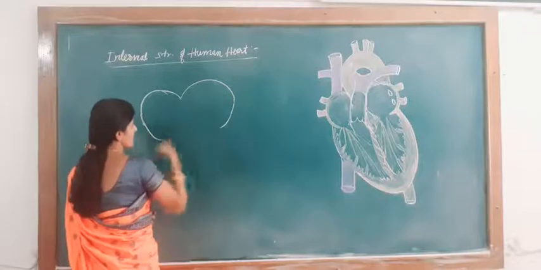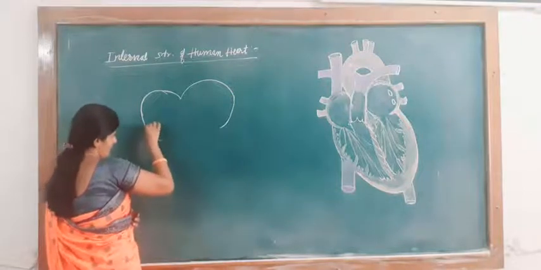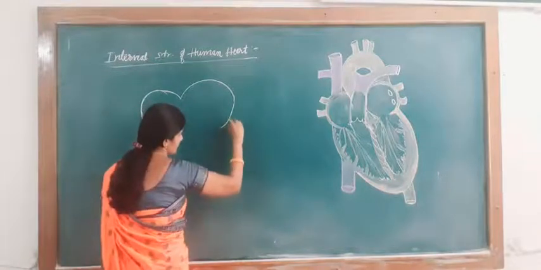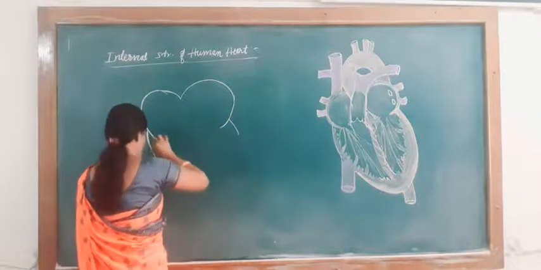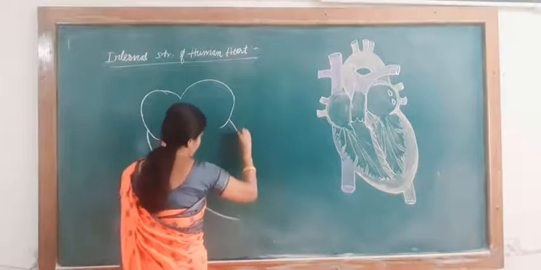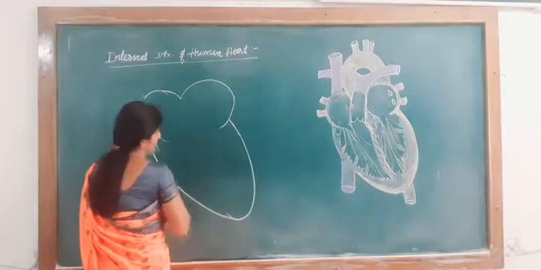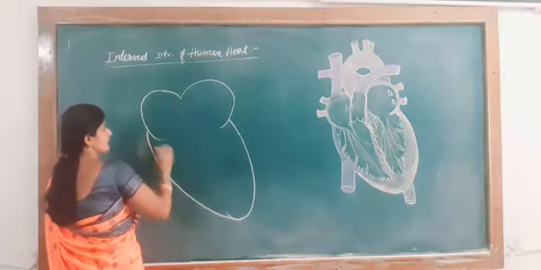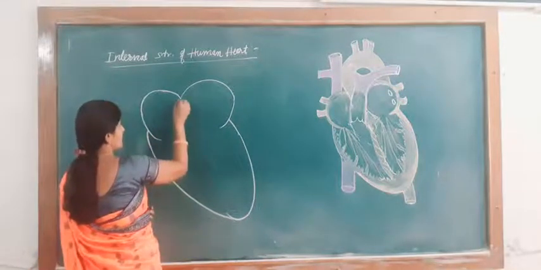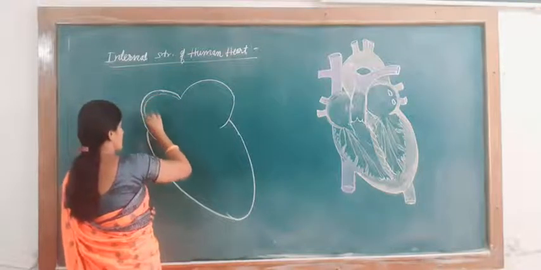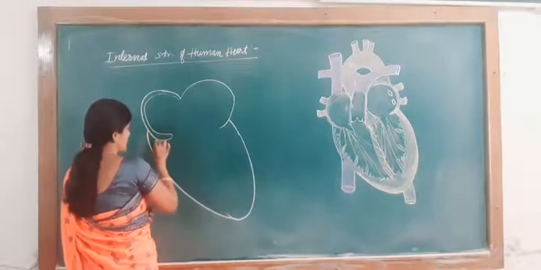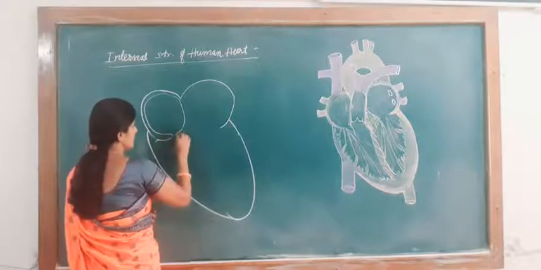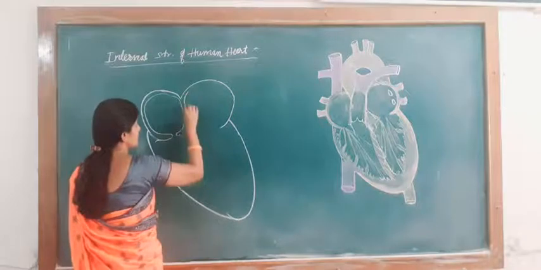Two chambers are upper, and our heart is slightly conical, tilted towards the left. So upper 2 chambers here and the lower 2 chambers. In this way our heart has 4 chambers, upper 2 and lower 2.